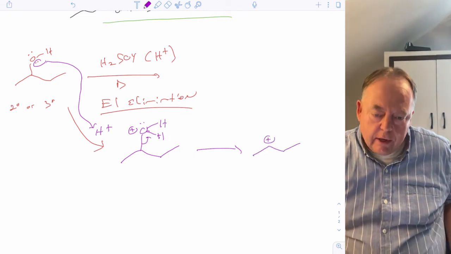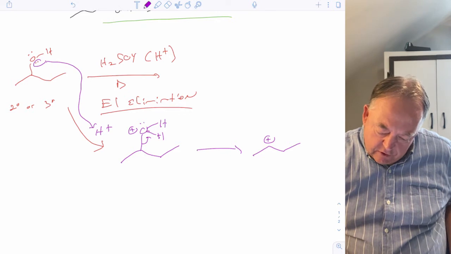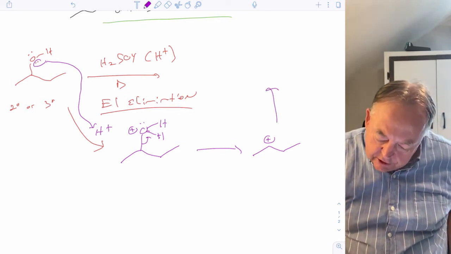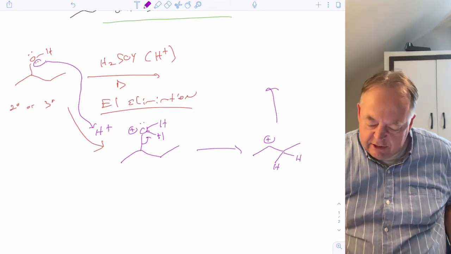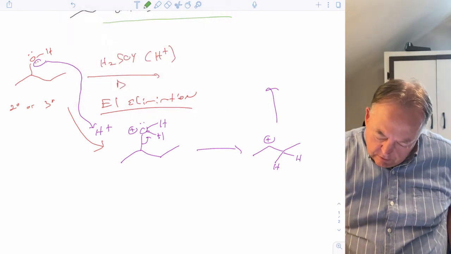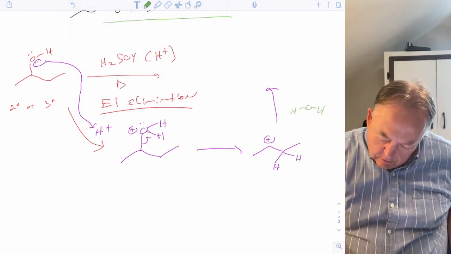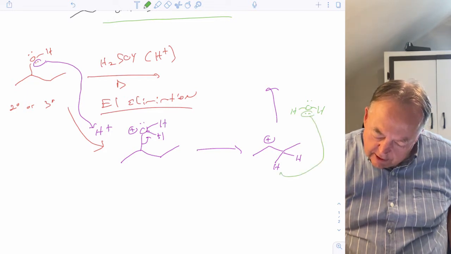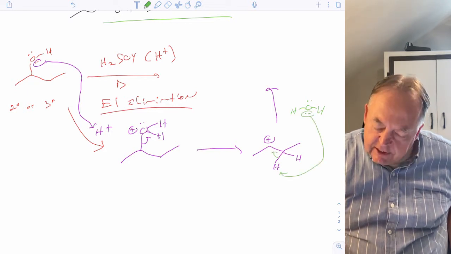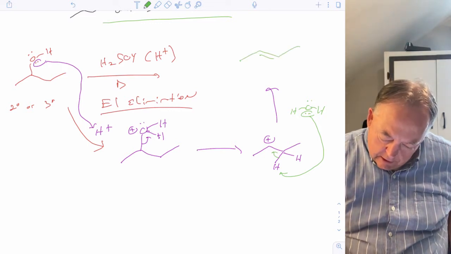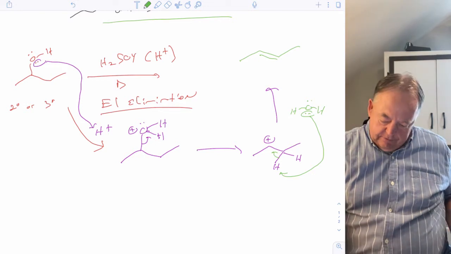So you make a carbocation, and then once you have the carbocation, you can lose a hydrogen. So let's sketch out hydrogen from the adjacent carbon. And then H2O molecule can take a hydrogen off, and the CH electrons can become a carbon-carbon double bond. And you would make the alkene.